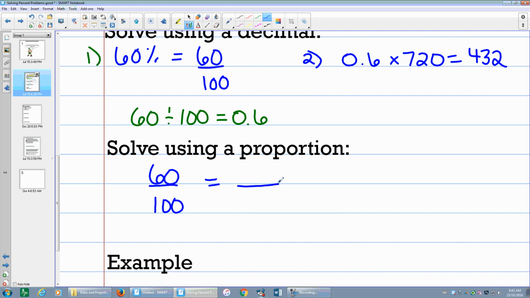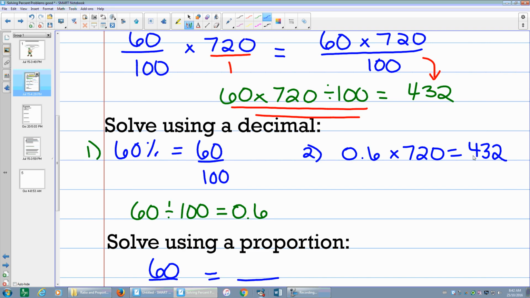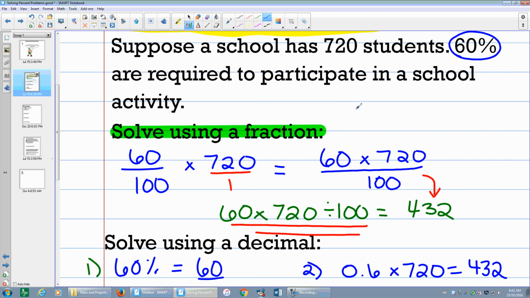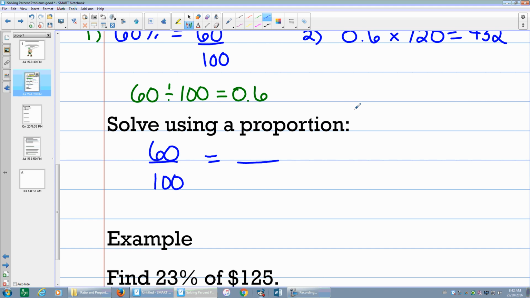Okay, so I need to define here what these numbers mean. If I go back up to my original problem here, what is the 60% talking about? 60% of the students are required to participate in the school. So that 60 is talking about the number of students who participate.